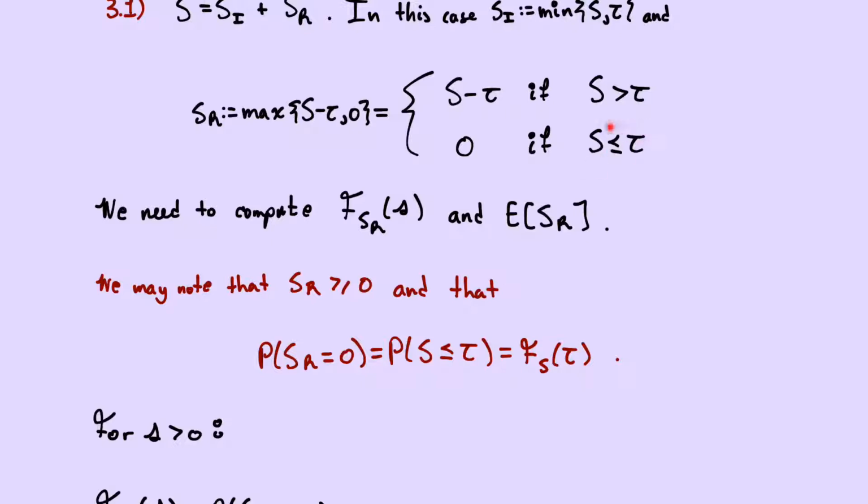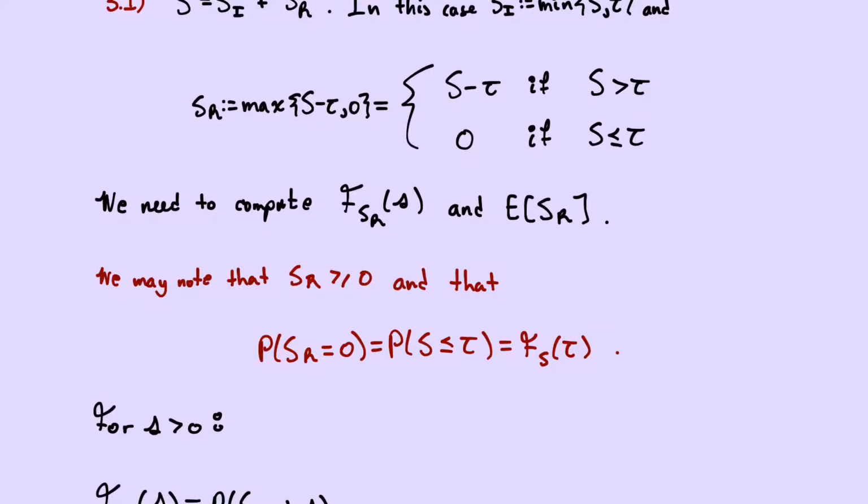We can compute it in terms of the S random variable. So when does this happen, that this maximum is equal to 0? Well, when the random variable S is less or equal than tau. So then this probability would be the probability of S being less or equal than tau, and this by definition is the distribution function of the random variable S evaluated at the real number tau, okay?